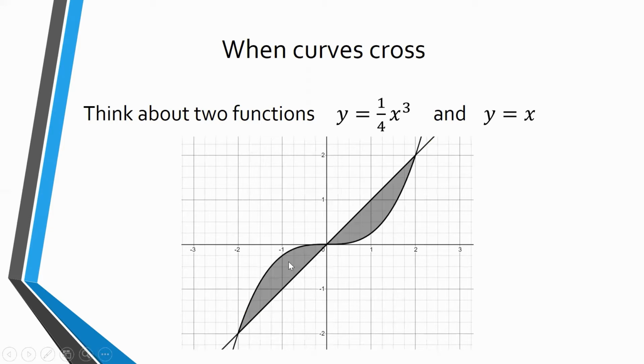Now, in order to find the left area, the area that I've shaded in left here, what you would have to do is integrate from -2 to 0, noticing that y equals 1/4 x to the third is on top.